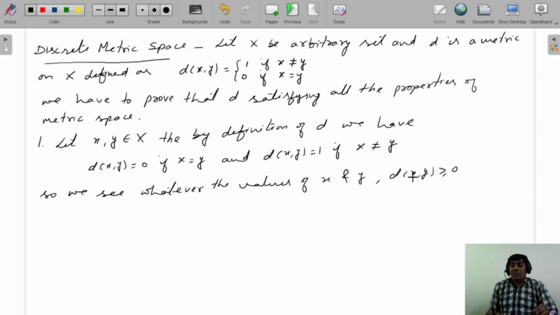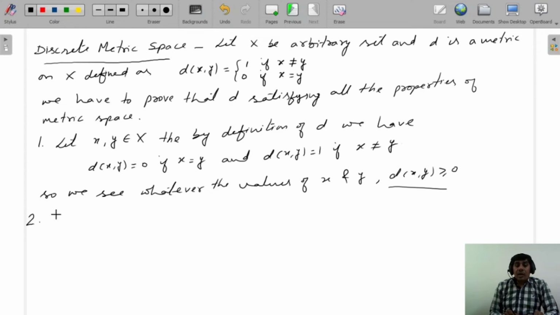If x is equal to y, then dxy is 0. If x does not equal y, then dxy is 1. Therefore, in both cases, dxy is greater than or equal to 0 for every x, y belonging to capital X. So, the first property is satisfied.